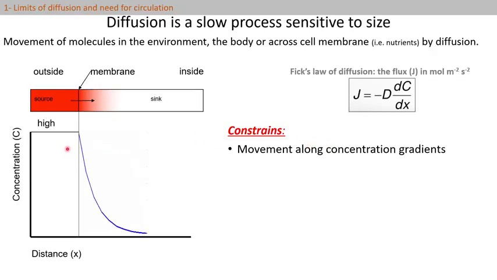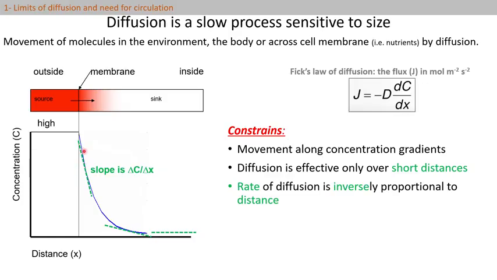But more than that, if we look quantitatively, based on Fick's law of diffusion, this is the shape of the concentration of the molecule, right? So you start with the source with a very high concentration, and you see that with distance from the source, the concentration drops very fast. And actually, based on Fick's law of diffusion, which is dC over dx, what you see is that the slope is essentially the differential in concentration divided by the length, the differential in x.